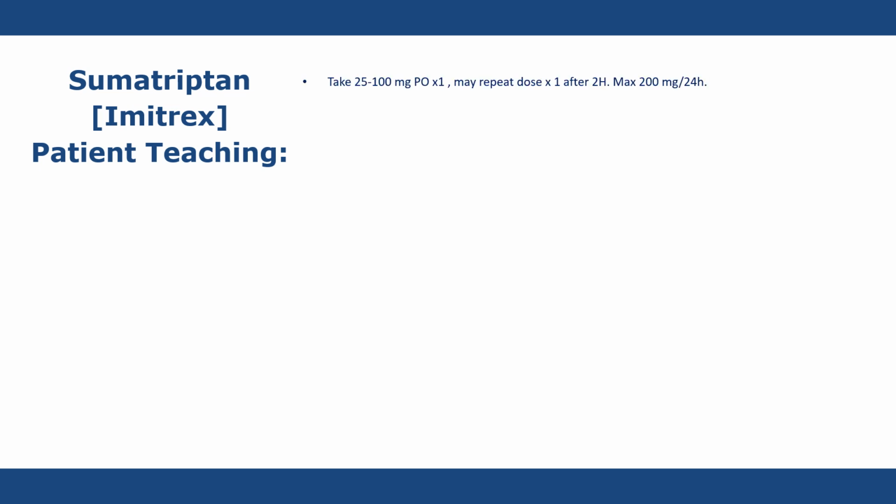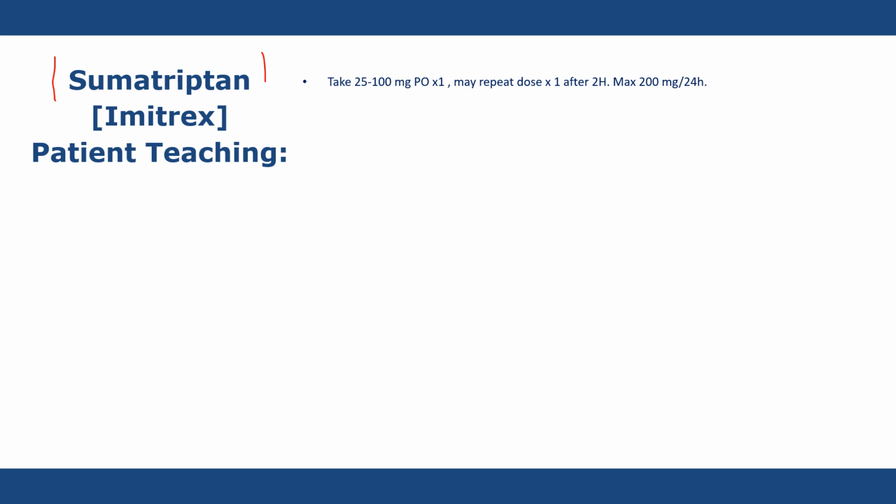Okay, patient teaching for triptans in general, not just for this medication, but generally speaking, these medications are PRN. Again, the goal is to have the client on preventive medication so that we do not use triptans throughout the day or throughout the week.